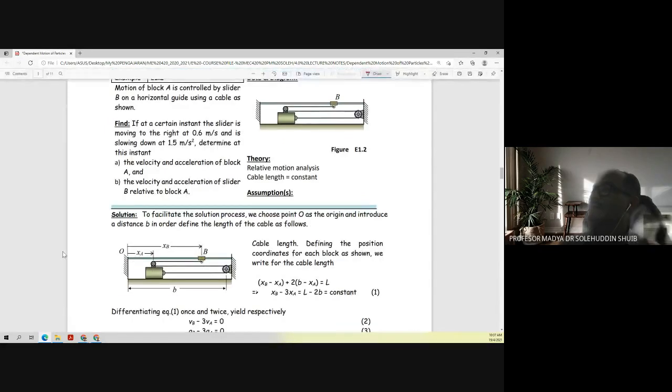This block is controlled by the slider. So we have slider B on a horizontal guide, using a cable.